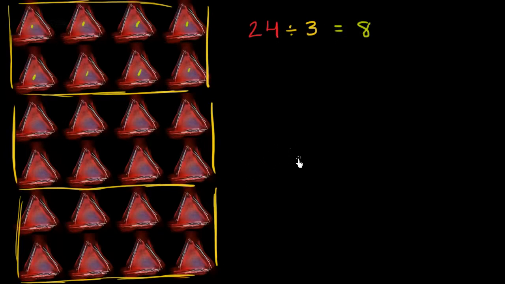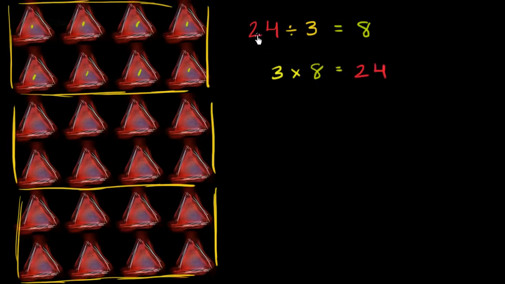Now you might say, hey, this is very similar to what we saw in multiplication. In multiplication, we said if we have 3 groups of 8, we could view that as 3 times 8 and get 24. And you are exactly right. We could also write that 3 times 8, so if I have 3 groups of 8, that is going to be equal to 24.